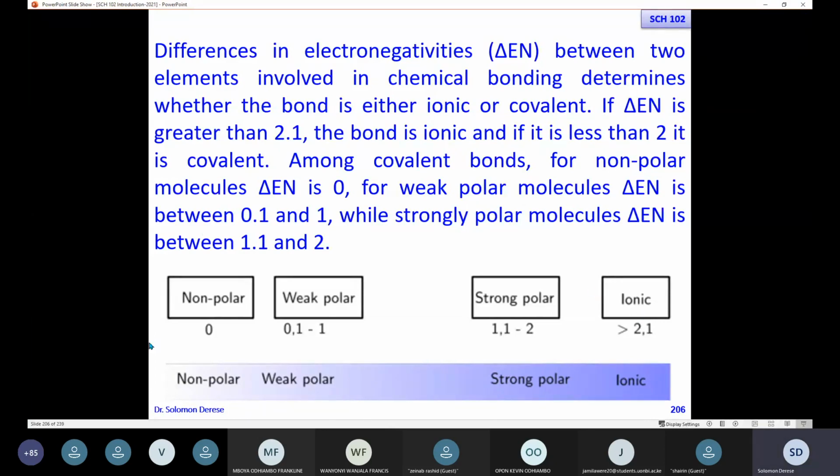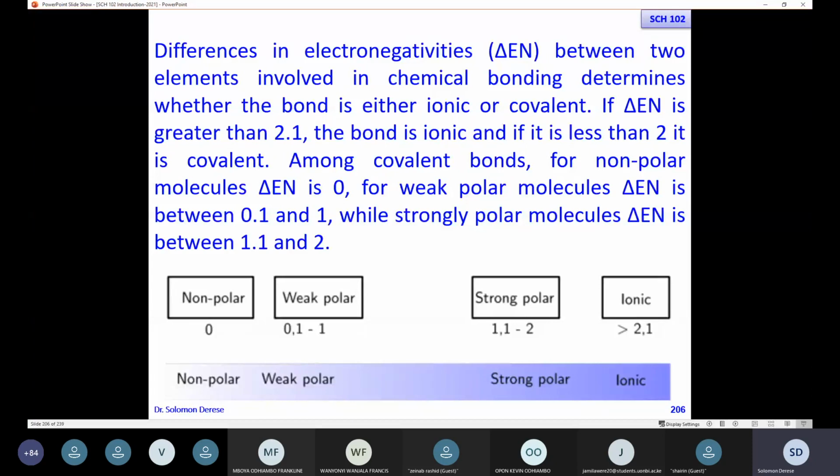However, if the electronegativity difference between the elements that are involved in the bonding is less than 2, the chemical bond will be covalent. And then, of course, in covalent, we have seen two extreme types of covalent: non-polar and very polar or strongly polar. So we have non-polar covalent bonds, weakly polar covalent bonds, and strongly polar covalent bonds.